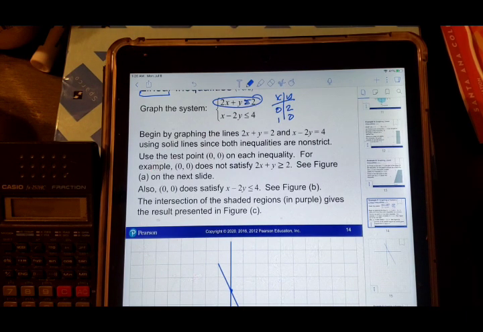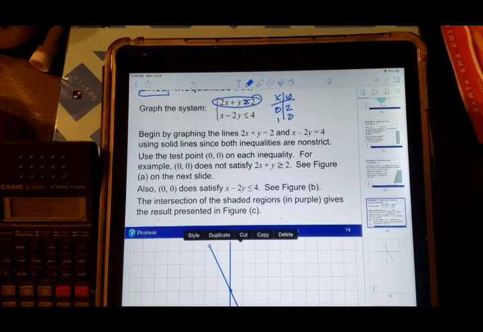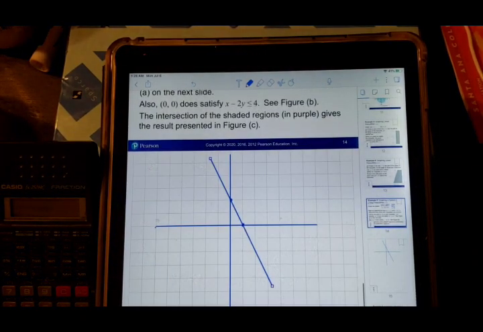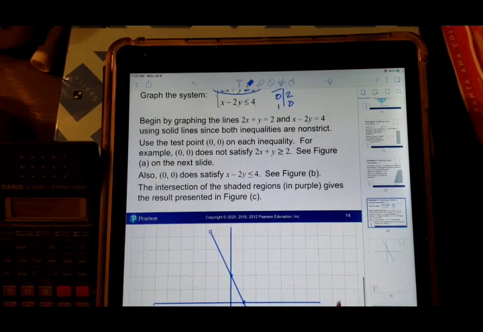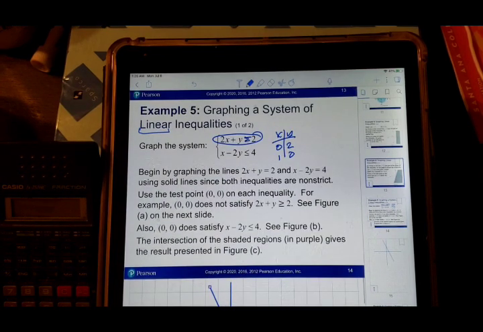And that's my line. Put it right there. Okay. Well, I didn't realize I was off the page a little bit. Okay, that's that line.